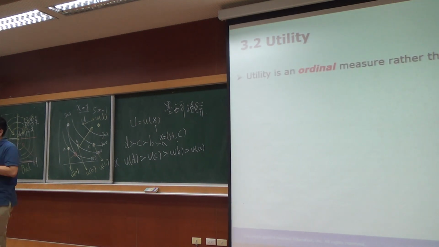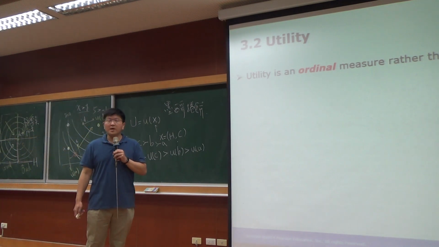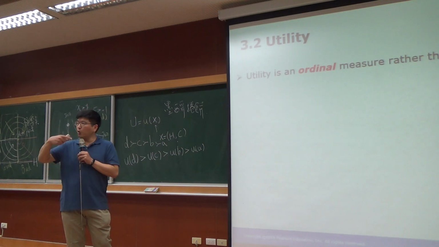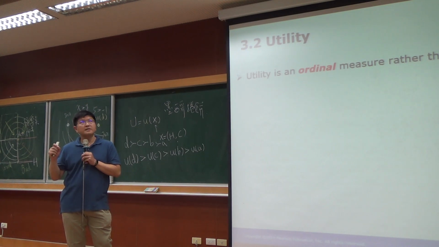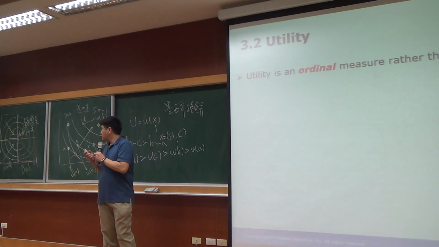And utility is an ordinal measure rather than a cardinal one. So the key is the order, not the size, not the magnitude.